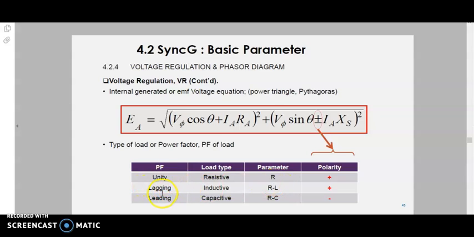Lagging power factor means you are connected to an inductive load. Leading power factor means the current is leading your voltage, so you are operating on a resistive and capacitive load. So here, positive means positive polarity, negative means negative polarity.